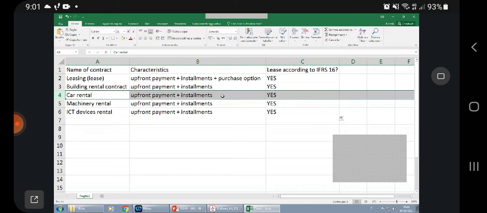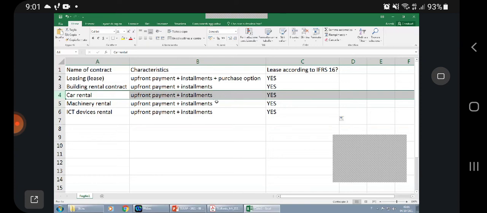Because that's true that there is a driver, but the problem is who decides the use of the asset. For the rental of the car with the driver it is not the problem, but there are some companies that rent, for example, the ships with not the driver but the crew.